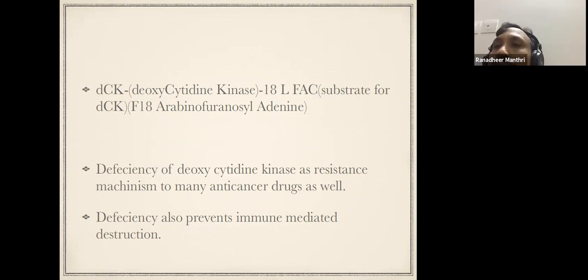We are using FAC, a substrate for that, which is arabinofuranosyl adenine. We inject it, and those tumors which have cytidine kinase localize it, whereas those tumors which do not have adequate cytidine kinase do not localize it, suggesting that they are resistant clones. Next slide.